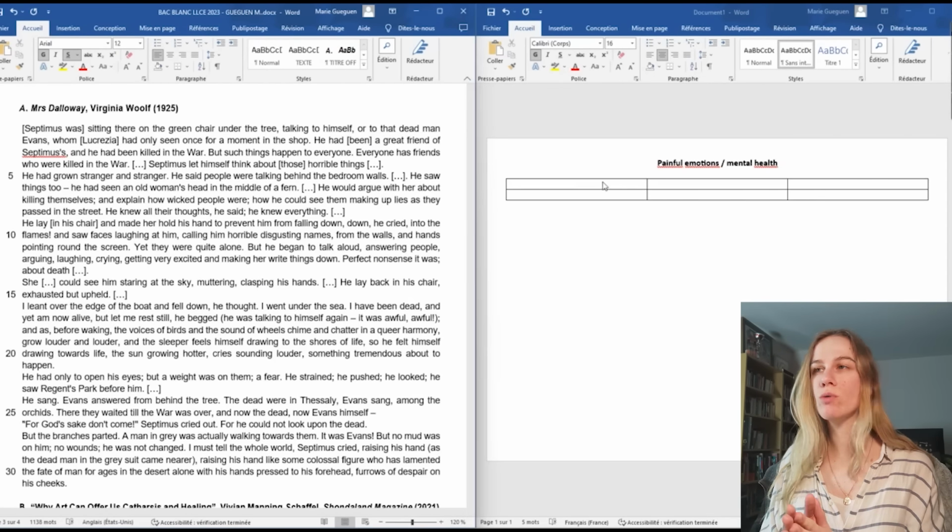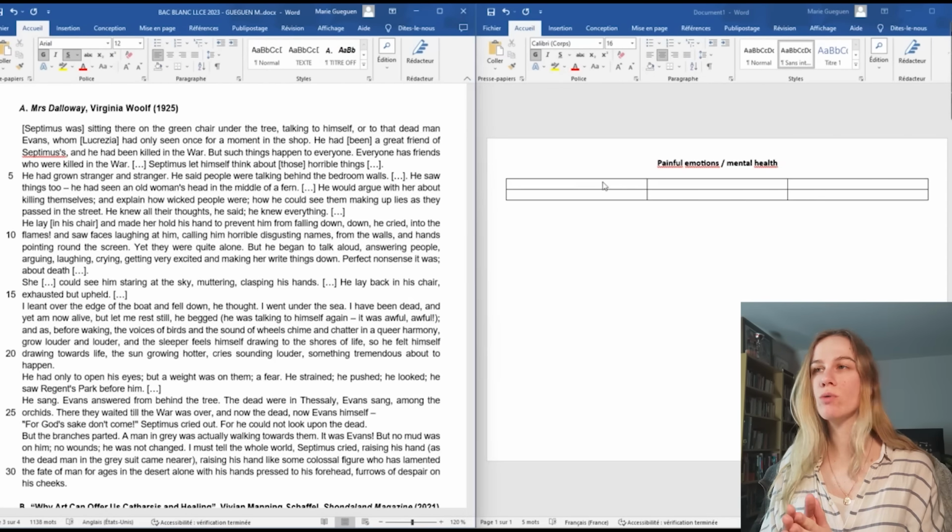And the last one we said is a self-portrait by Bacon in 1973. Right, so already we can see that here you have keywords with catharsis and healing, which would go with the idea of painful emotions and mental health, but we'll go to that afterwards.